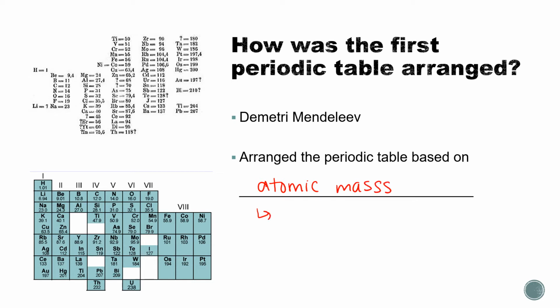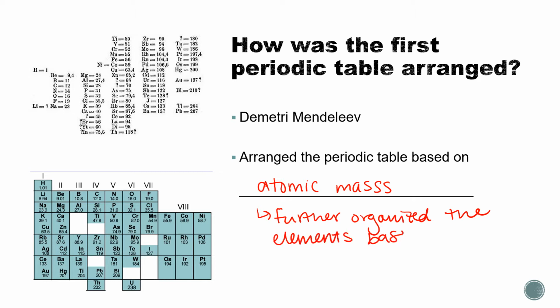And then he further organized it based on reactivity. So when we take a look at the image on the upper left-hand side, we're taking a look at how Mendeleev arranged those elements based off of their atomic mass.